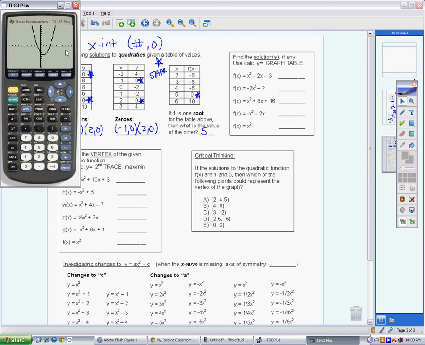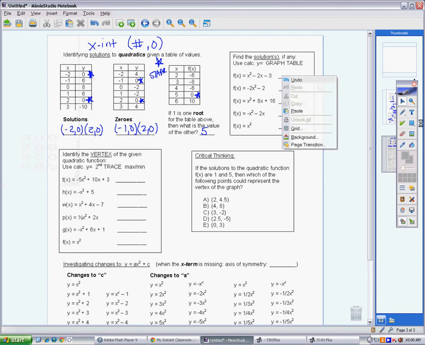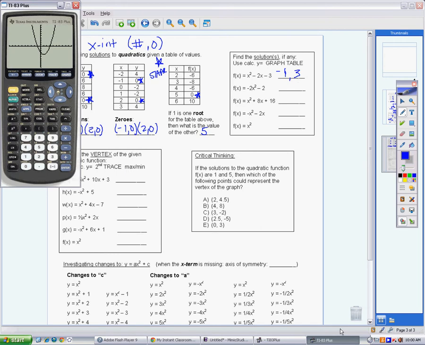So I'm going to look at the graph. And again, I want to see where does my parabola hit my x-axis. So it's hitting over here at -1, and it's hitting over here at 3. Those are my solutions. My solutions are -1 and 3.